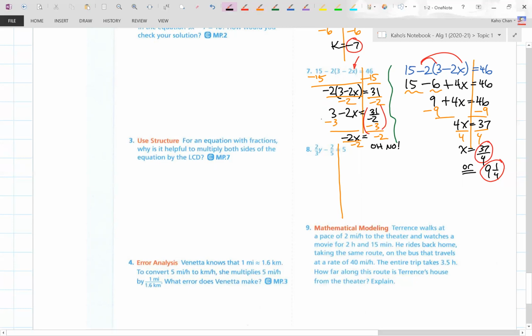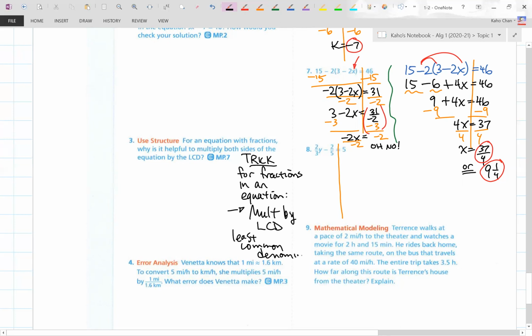The trick, or the shortcut, when you have fractions in an equation, is to multiply by the least common denominator, okay? It's a cool trick.